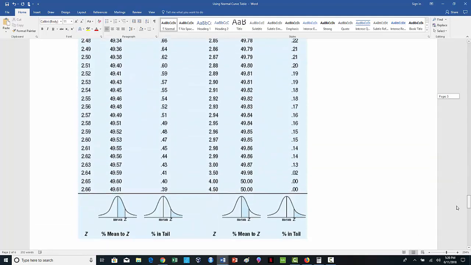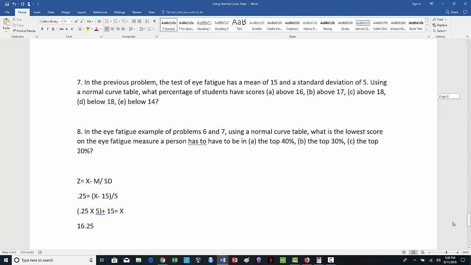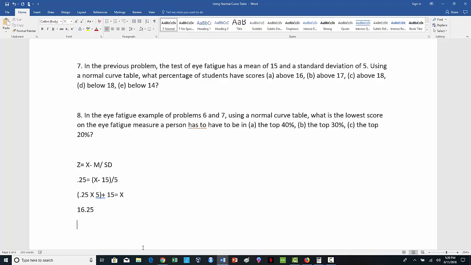So if we go back down and do the same sort of thing, instead of 0.25, we have 0.52, and we have the same standard deviation and the same mean as we were using before. So it's going to be set up the same sort of way. We're solving for x because we want to know about the raw score, not the z-score.